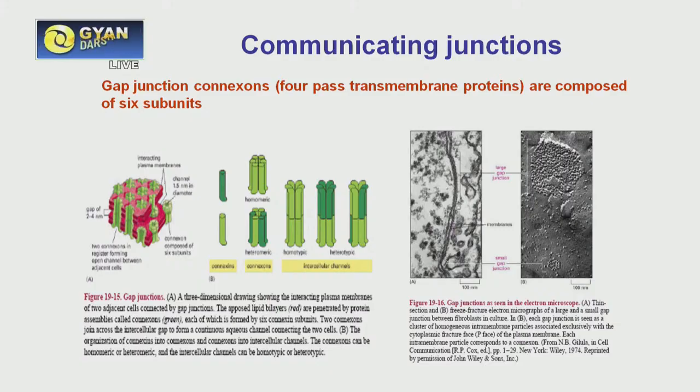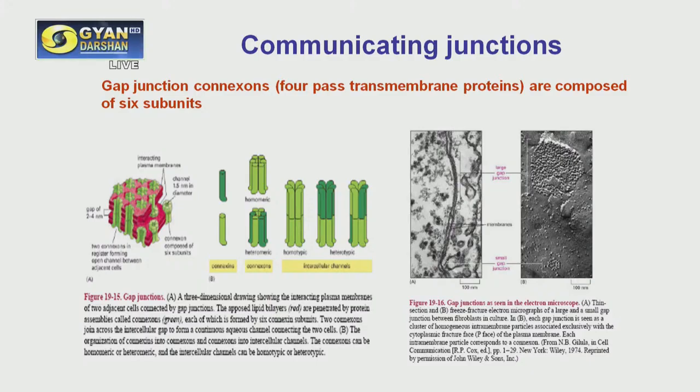And this protein is composed of 6 subunits. Each of these subunits is called connexin. So connexon is the total protein, and it is composed of 6 subunits. Each subunit is termed connexin.